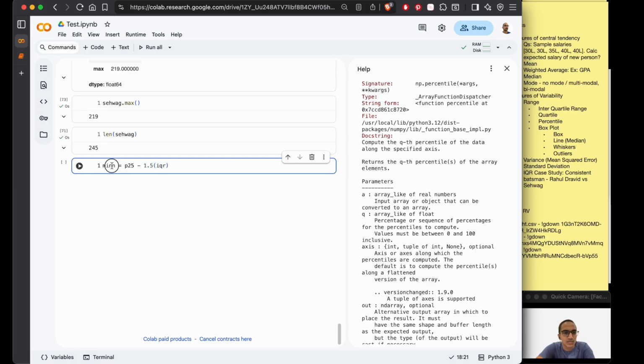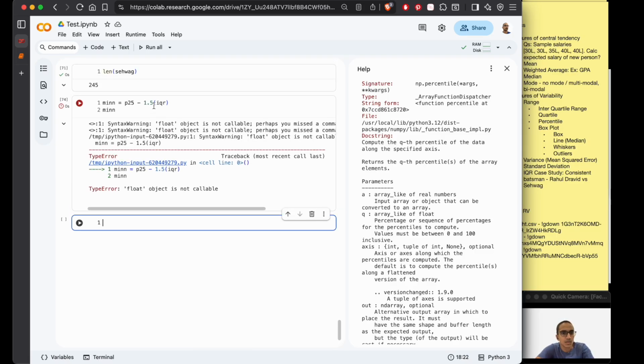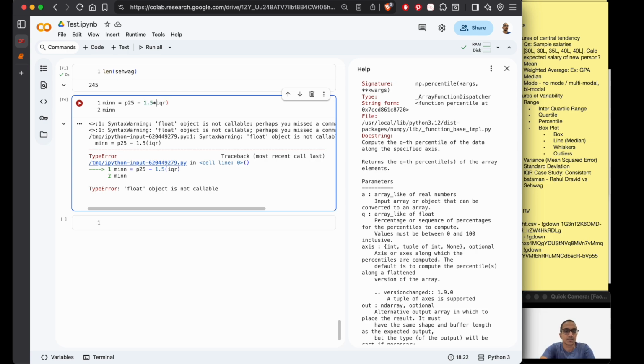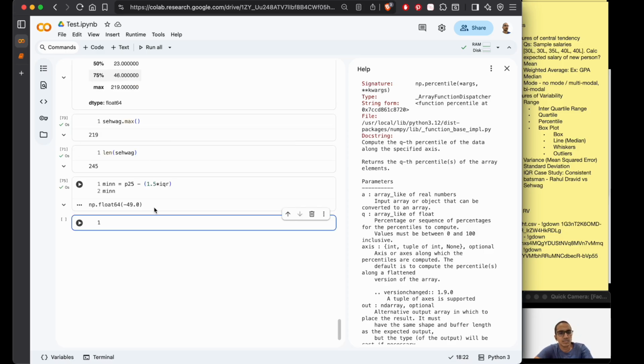The min value here is irrelevant anyway, but: float object is not callable. Oops, okay. It should be this way. So the min is negative 49, which is pointless, because you cannot have negative runs in cricket.